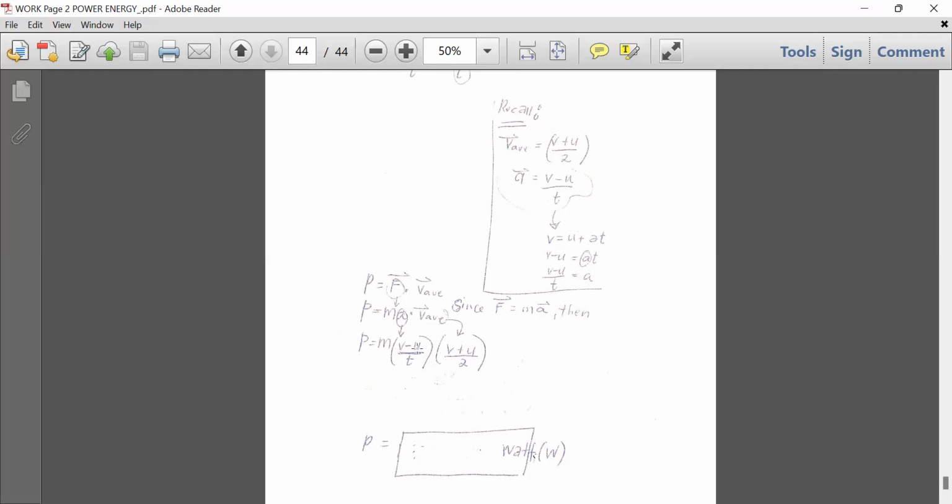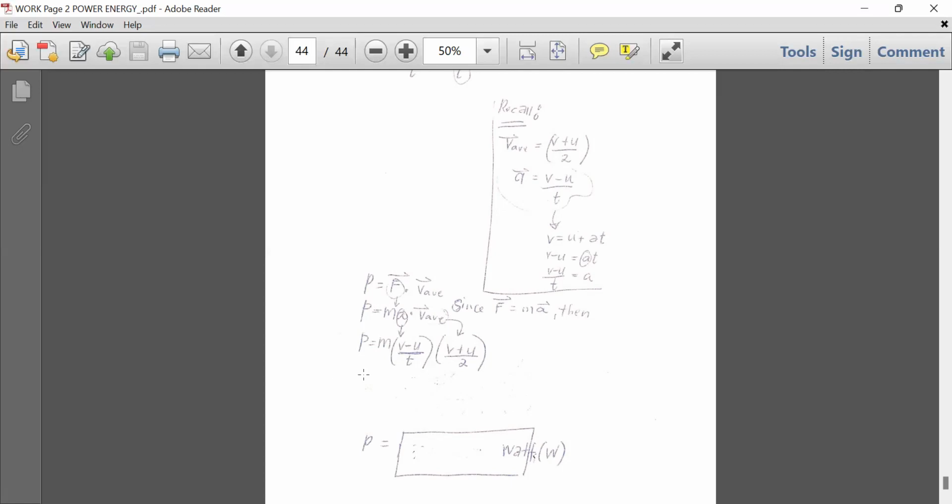Now mass times V minus U over T, multiplied by the quantity V plus U divided by 2. If you notice, V minus U multiplied by V plus U will give you V squared minus U squared. So mass times V squared minus U squared over 2 times time.